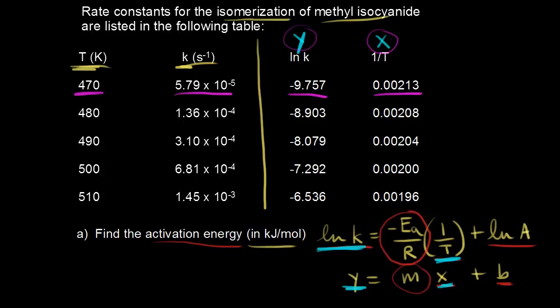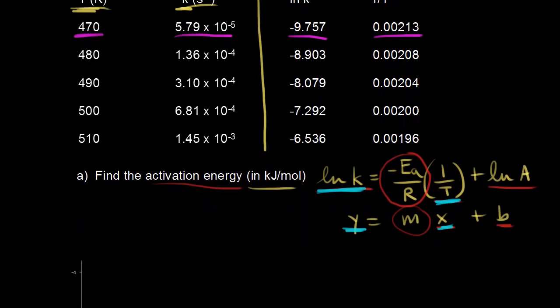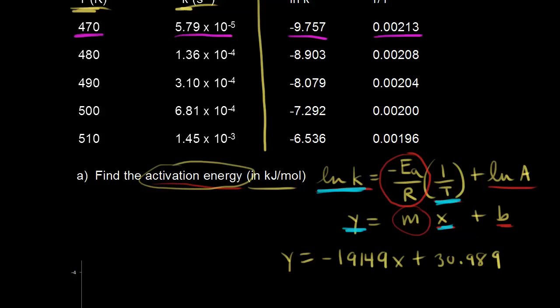All right, so let's go ahead and write that down. So we have from our calculator, y is equal to negative 19,149x, and b was 30.989. We're trying to find the activation energy, so we are interested in the slope.